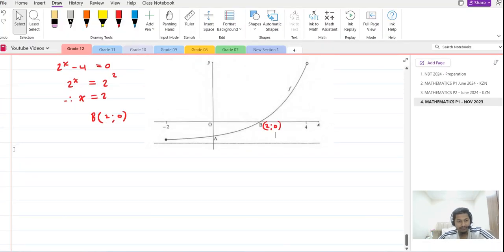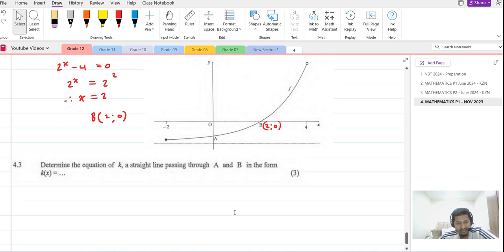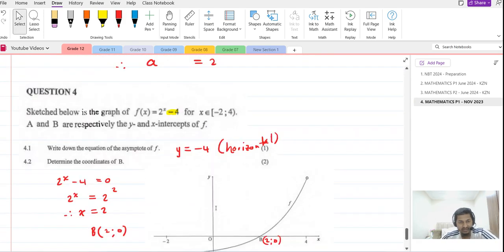Right, so we want to find the equation of the straight line passing through the points A and B. What's the coordinates of B? Coordinates of B is (2, 0). What's the coordinates of A? For A we make x 0. Remember, we had the function f of x, which is 2 to the power x minus 4.